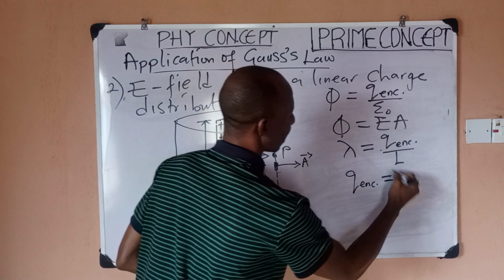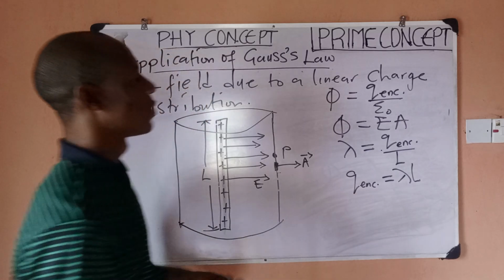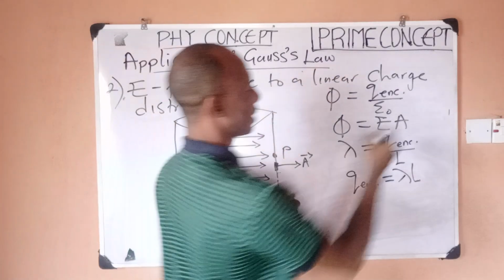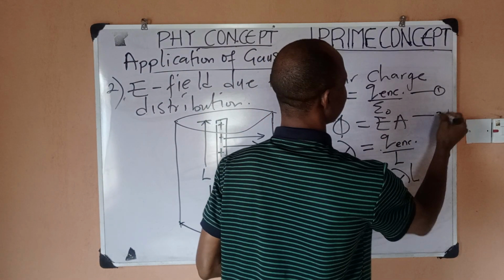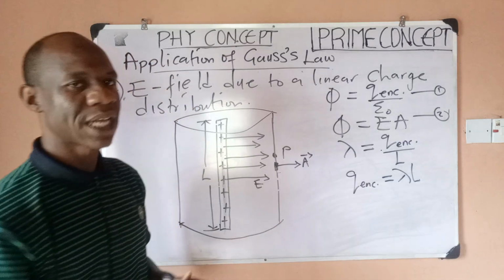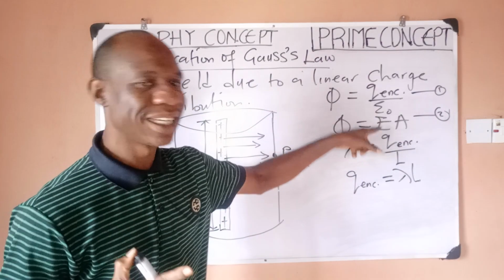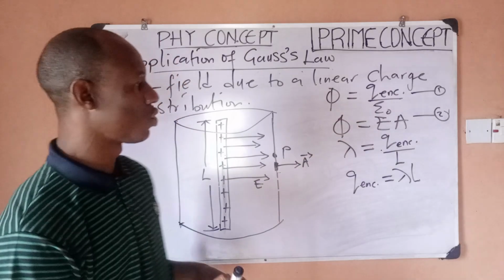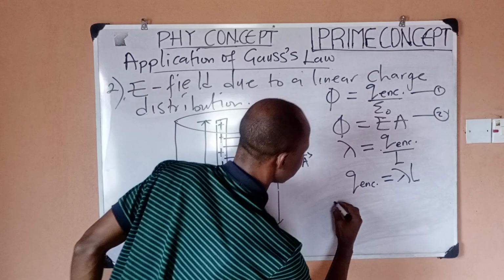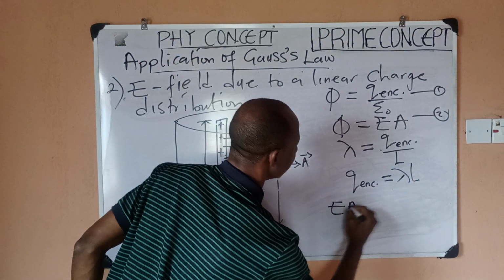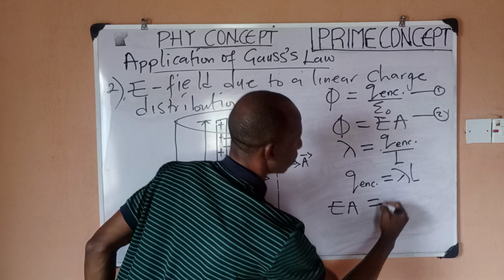Now I'm going to combine these two formulas like we have always done. What are we trying to find? We're trying to use this to find the electric field. So if I equate these two, EA is equal to what now?